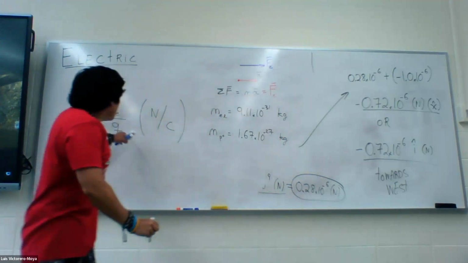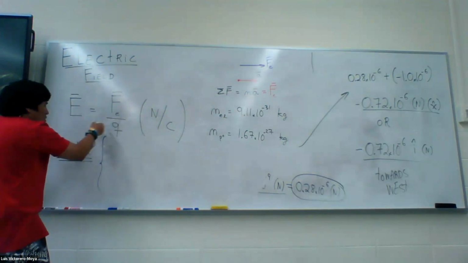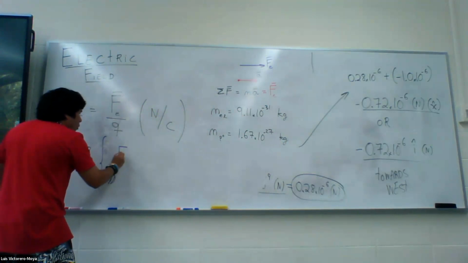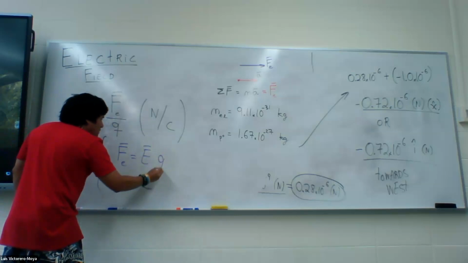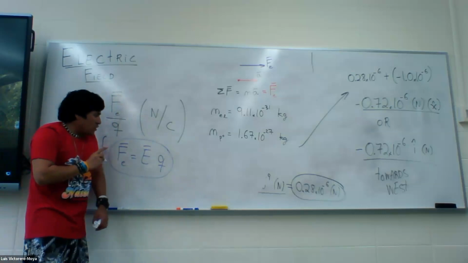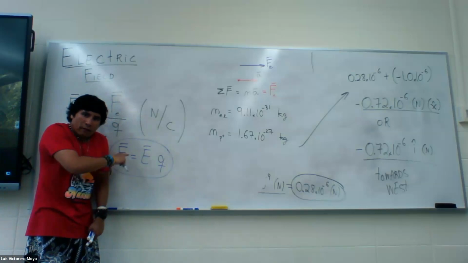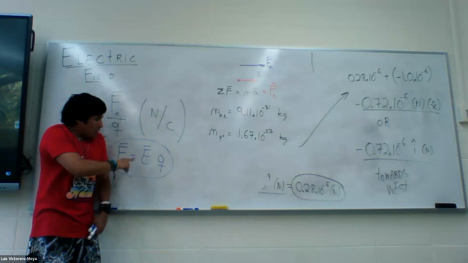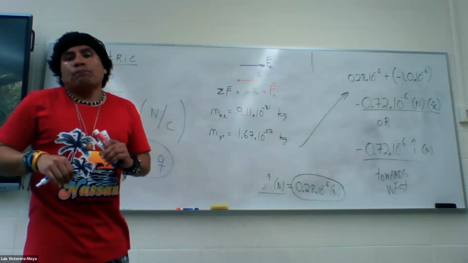Now, what do we see in this equation? We can rewrite this equation as the electric force vector equal to the electric field vector times the charge. Very important. What this is telling you is that the electric force, we can now find it by using the electric field. So the electric field and the force are parallel.